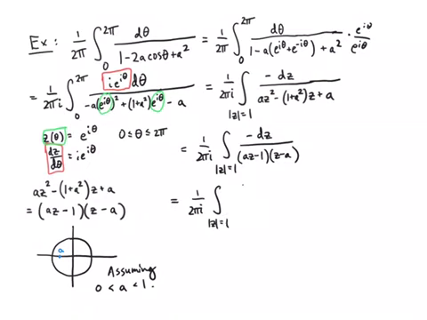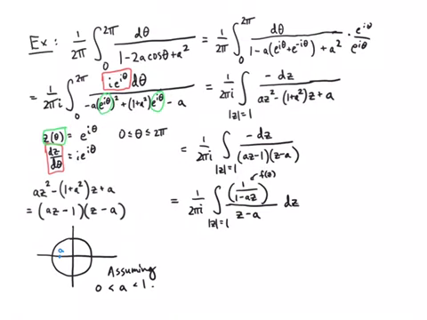So we have -1 over az minus 1, and that's the same thing as 1 over 1 minus az. So this is going to be our f, this is f of z. And then we're dividing that by z minus a, and we're integrating that with respect to z.